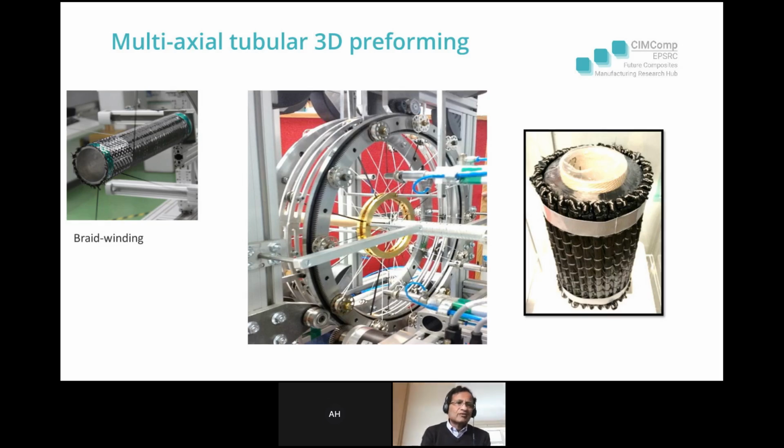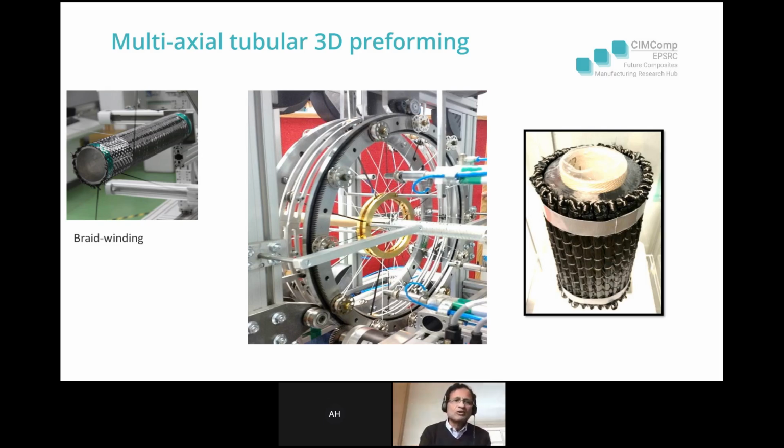And then we developed what we call quadraxial braiding, where we put triaxial braiding together with a hoop winding, again to open up the limitations of the braiding process. Using that as a basis, we started developing what we call a 3D braiding technology, where we could combine the concept of helical winding and through thickness interlacement.